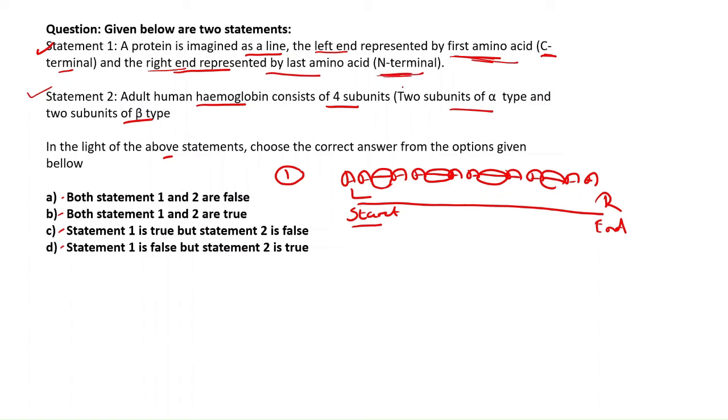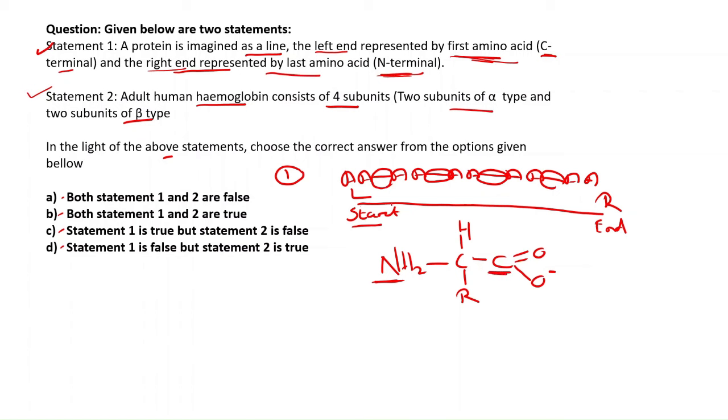Before coming to C terminal and N terminal, you should know the structure of an amino acid: NH2, CH, the R group for different amino acids, then C double bond O and O minus. So this is the N side. N terminal means the N side, and C terminal means the C side.